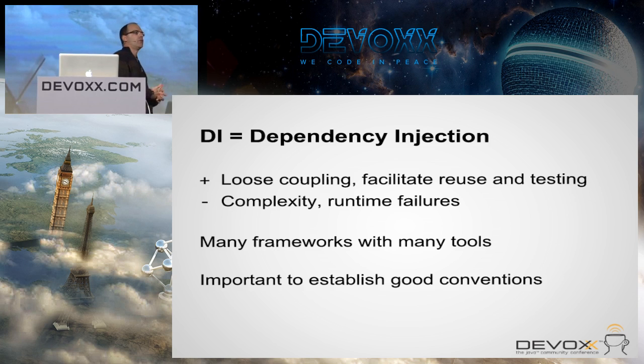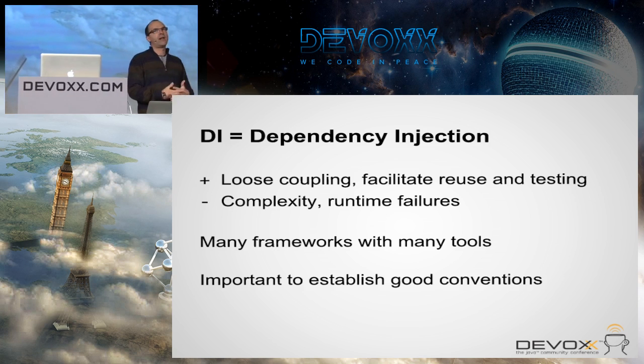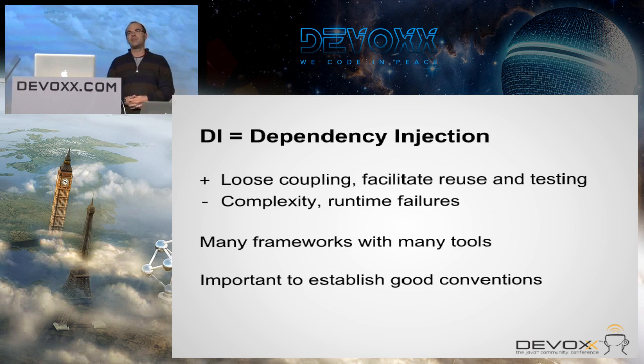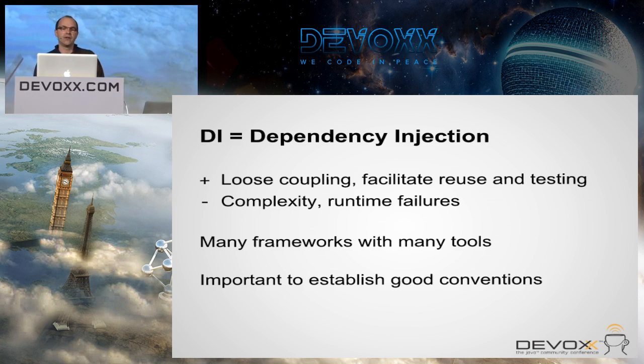Now, it's reducing a lot of complexity, but because it's reducing complexity and providing a lot of flexibility, you can really shoot yourself in the foot. It's something that we've learned painfully, as I said. There are many frameworks with very many tools, so it's important to establish good conventions in your project and stick to them. And some of the conventions we're going to show today are what we've learned.